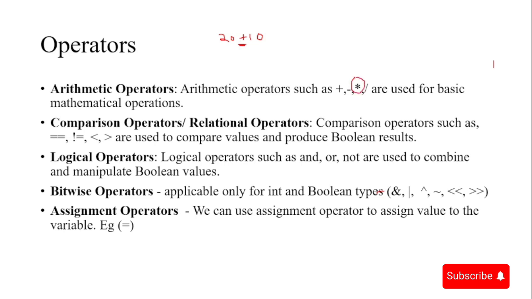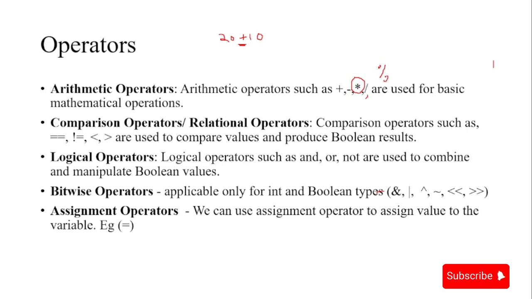Then we have division, and then we have what we call the modulus operator. So this is the division, then we have the modulus operator. The modulus operator is the percentage sign.